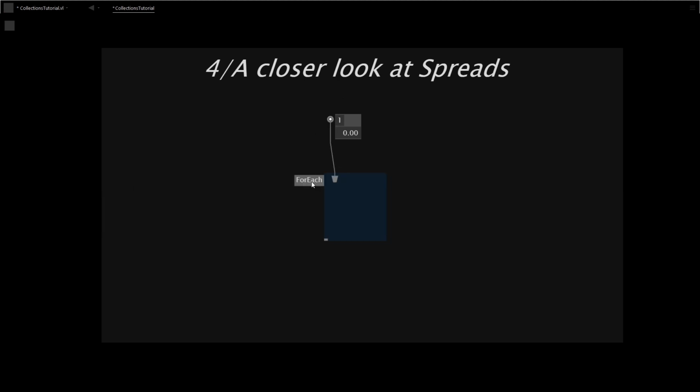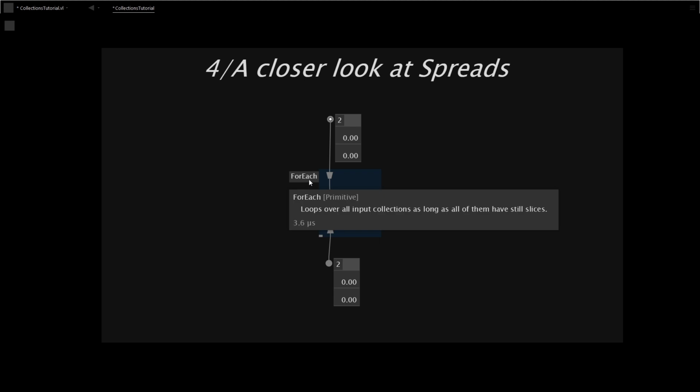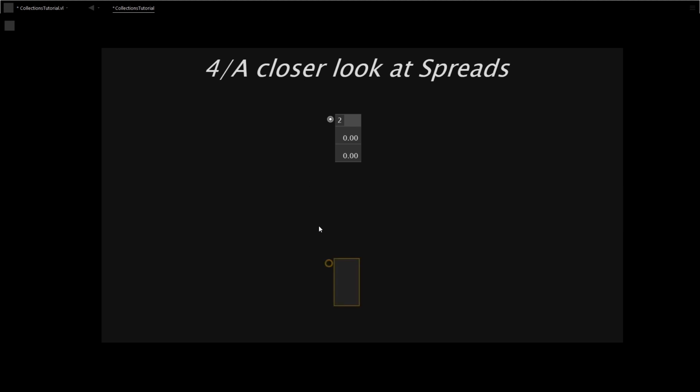And then what the for each loop is doing is enumerating it. It's going through every item in the spread, and if we have 3, then it's going to run it 3 times and give us 3 results. This enumeration, that it can go through the list, that's a property of a collection. And I think all the collections have that. That's the common one.